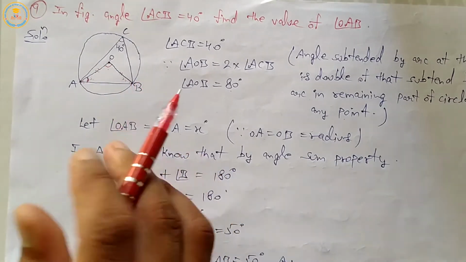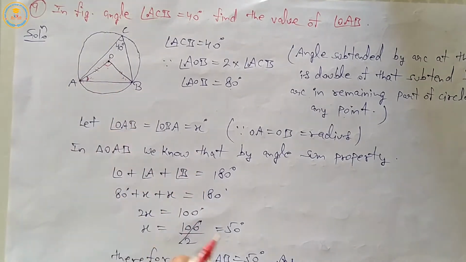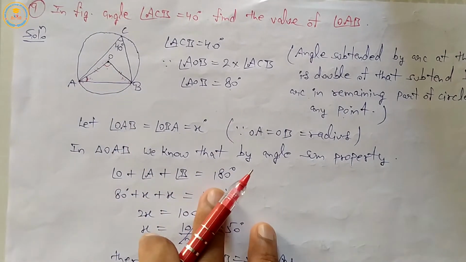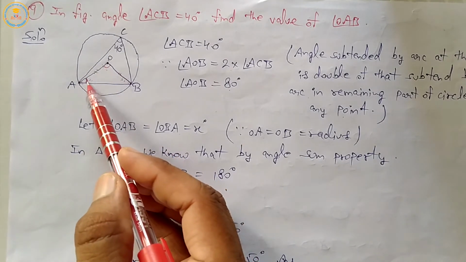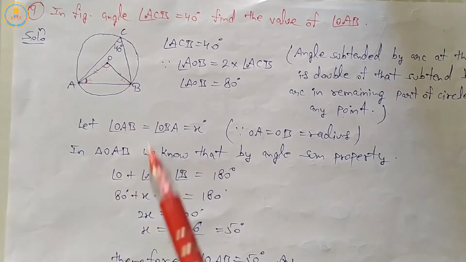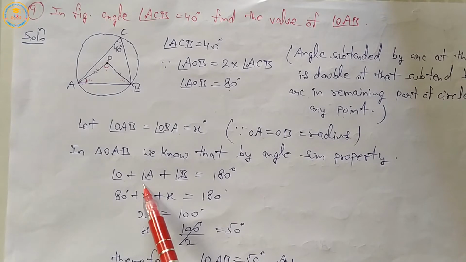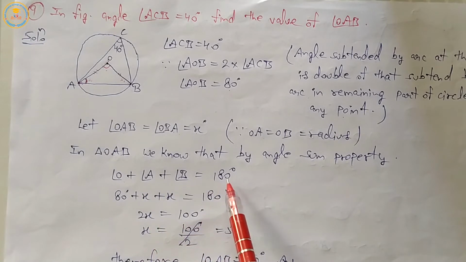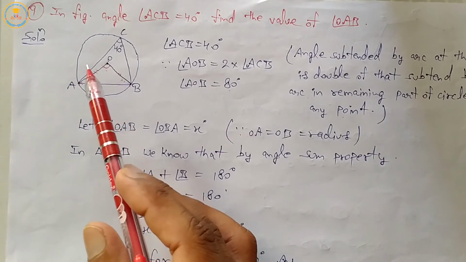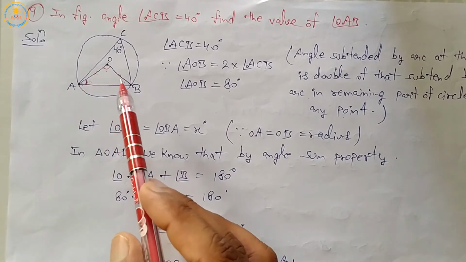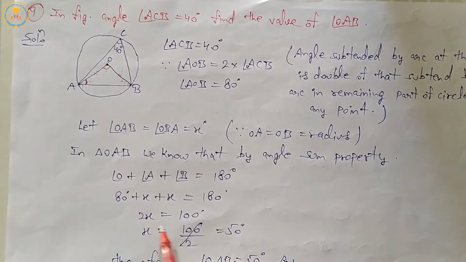we know that by the angle sum property, the sum of all angles is 180 degrees. Therefore angle O plus angle A plus angle B equals 180 degrees. Angle O is 80 degrees, angle A is x and angle B is also x.